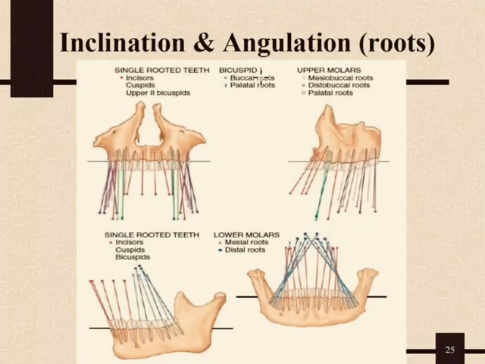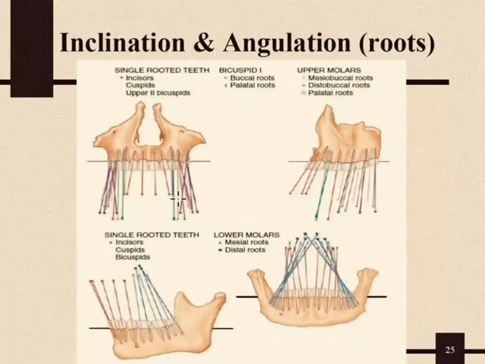The angulations are different because we have the vertical relationship. Here you go, vertical angulation, and we have a distal angulation of the central incisors.